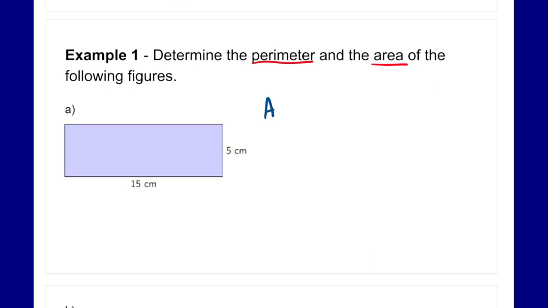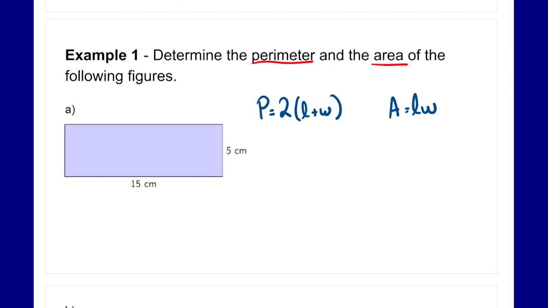For a rectangle, the area is equal to length times width, and the perimeter, you could add up all the sides, or because it's a rectangle, we have a different formula. We could use 2 times the length plus the width. Let me use a cursive L to differentiate it from 1. Those are the 2 formulas that we're going to be using.